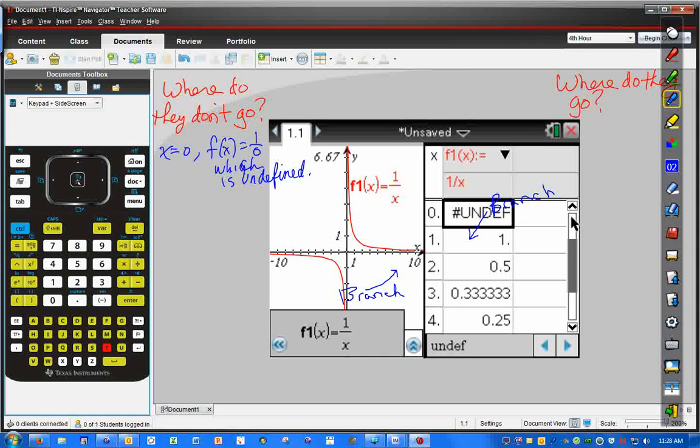And rational functions are kind of defined by not only where the branch is, but what are the parts that aren't defined as well.